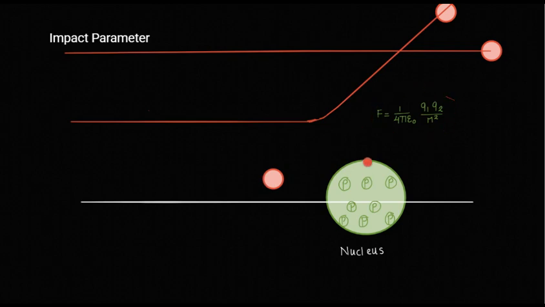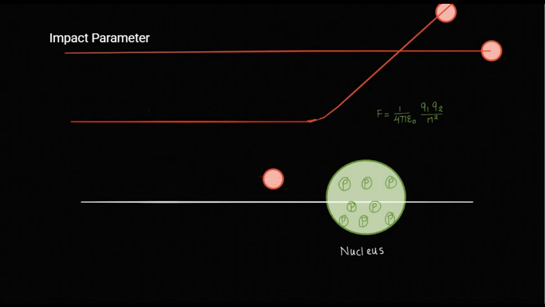This force will come into the picture because of the potential created by this nucleus. So if this force comes into the picture, what happens? This is a positive charge, the nucleus is also a positive charge. So this nucleus will repel this alpha particle back in the direction where it came from. Such a type of collision is your head-on collision.